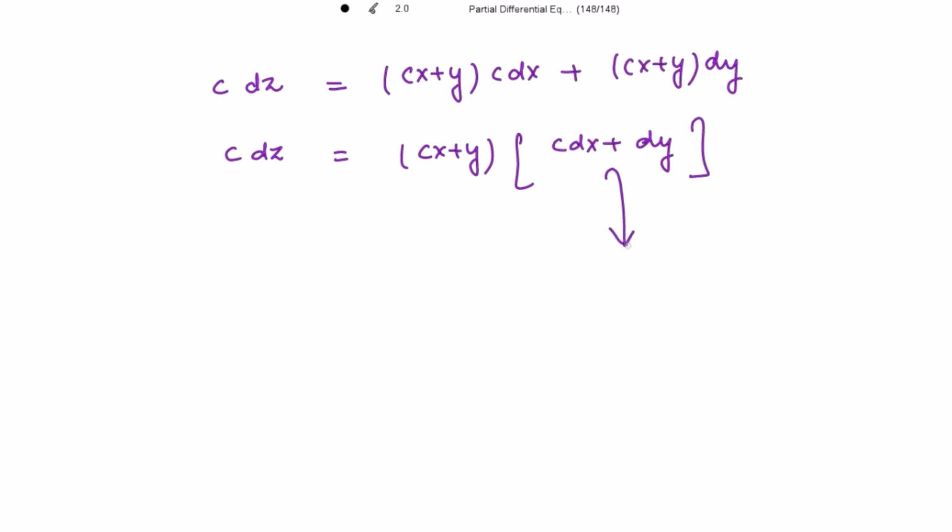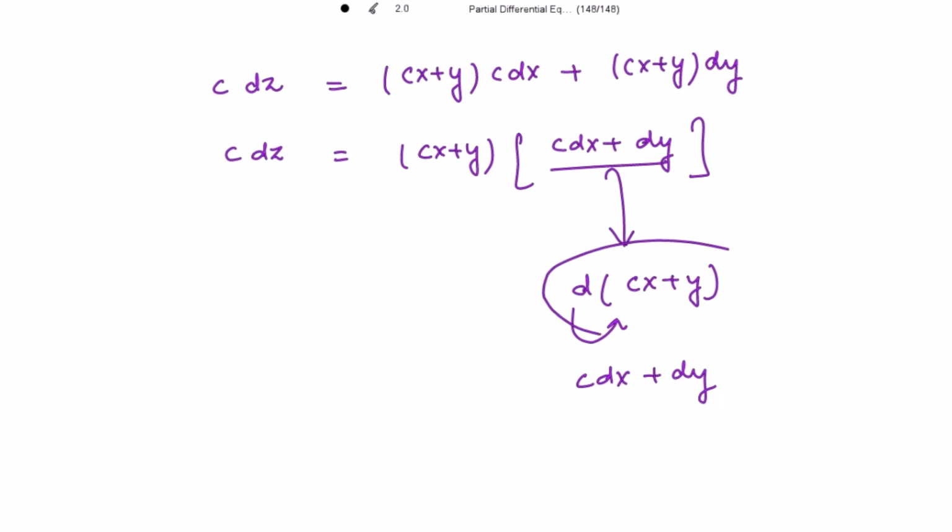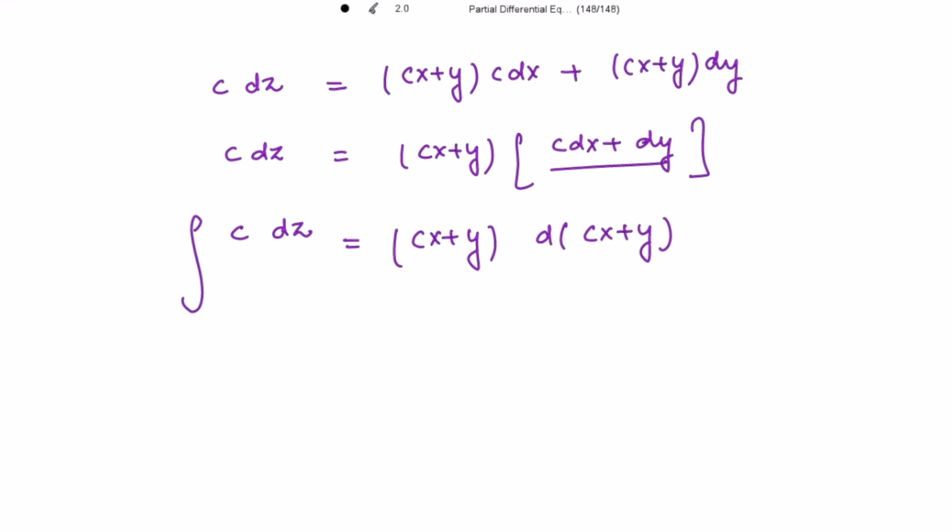We can also write this as the derivative of cx plus y. Can I write like this? When taking the derivative, we get c dx plus dy. We are getting back this. So I can write this as derivative of cx plus y. And now when integrating both the sides, we get cz equal to, because this is same, you can also use the substitution method.